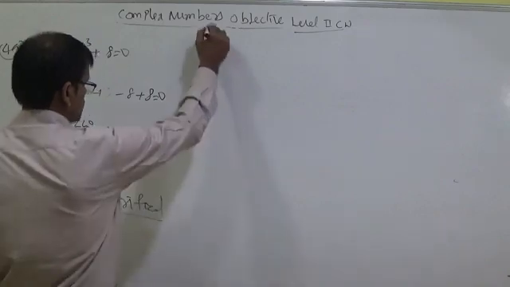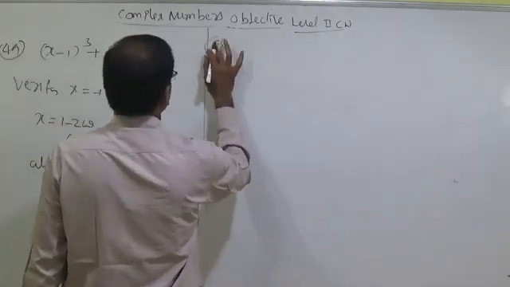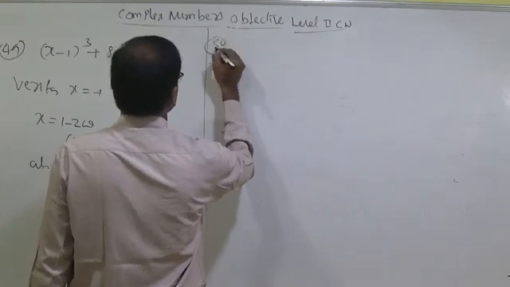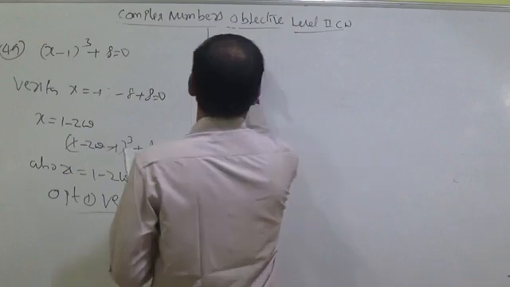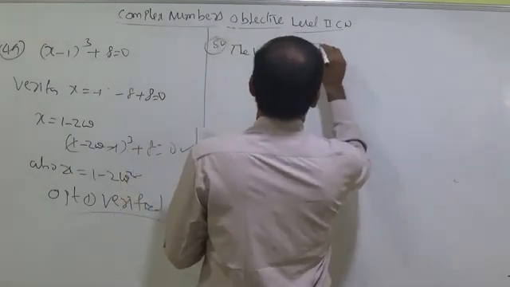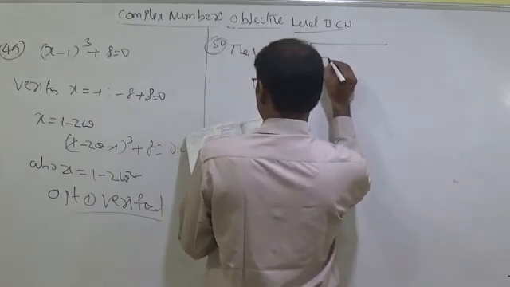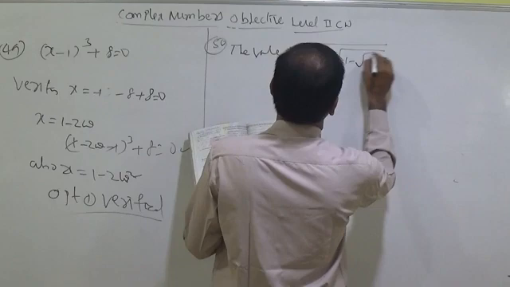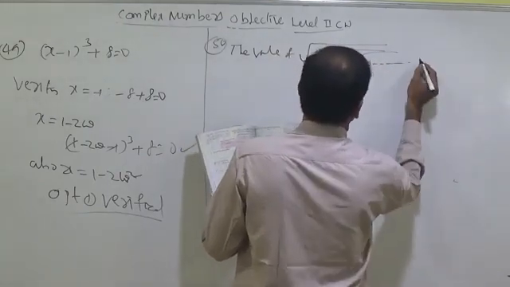Now the last question of level 2 classwork in our material, the 50th question. The value of root of minus 1 minus root of minus 1 minus root of minus 1, and so on until infinity.